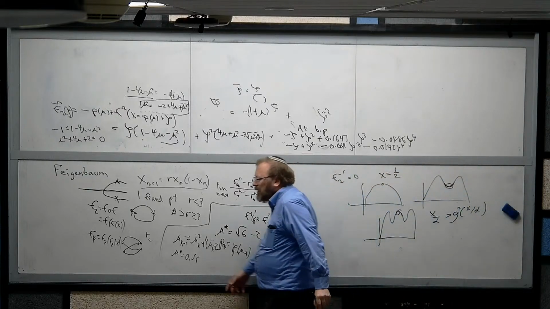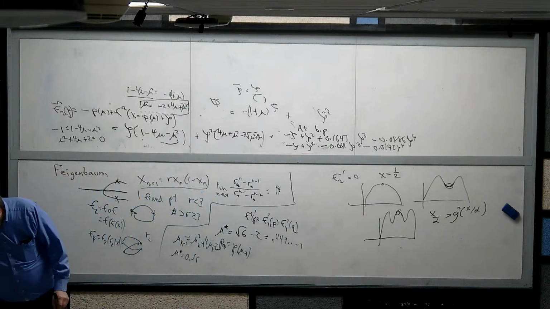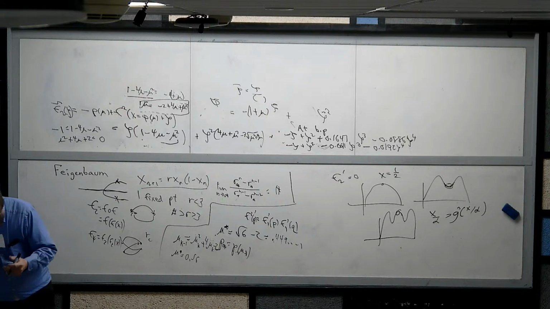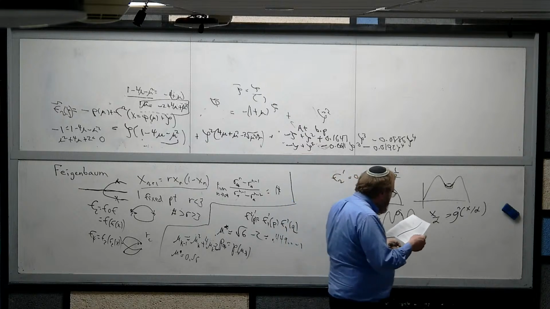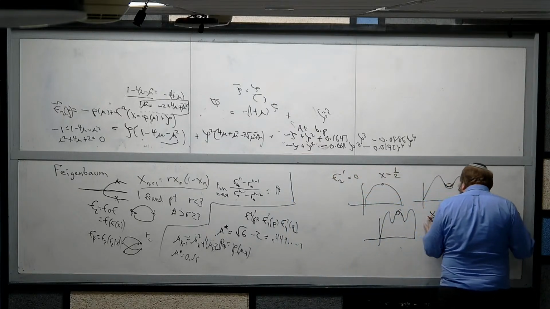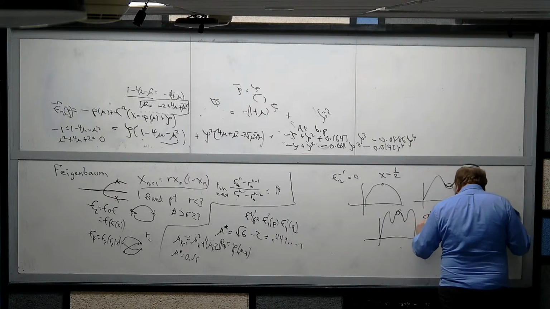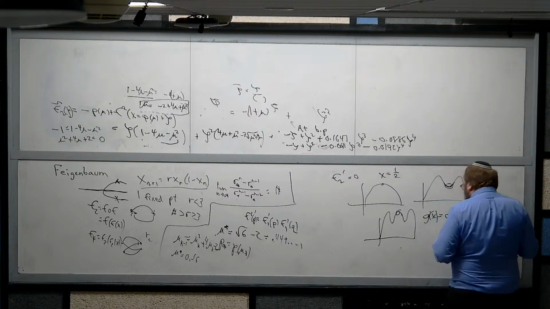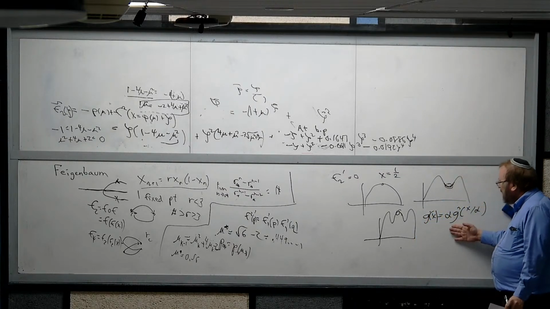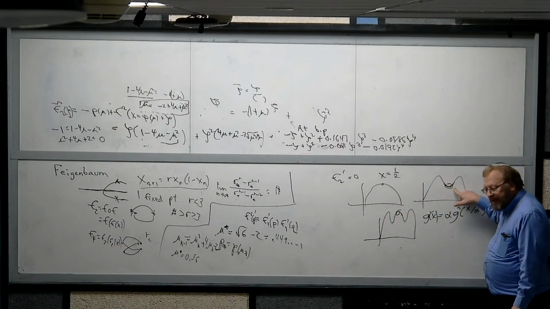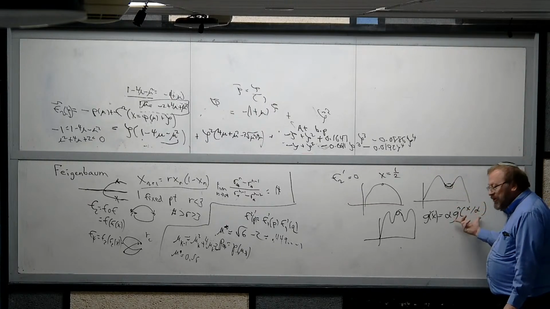That is, if I take the map, which originally looked like this, and now take the iterate of that map, I'm going to get the same map just under a rescaling.